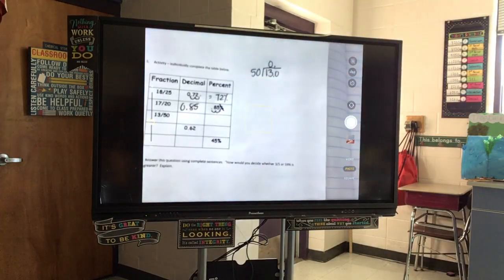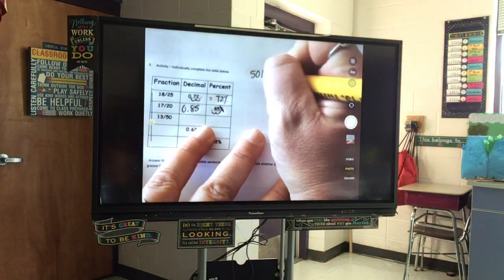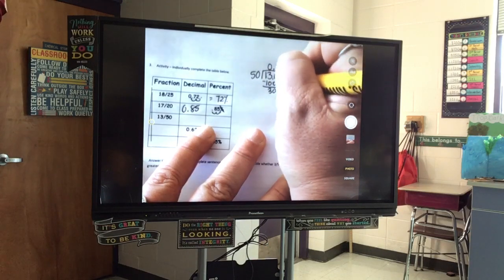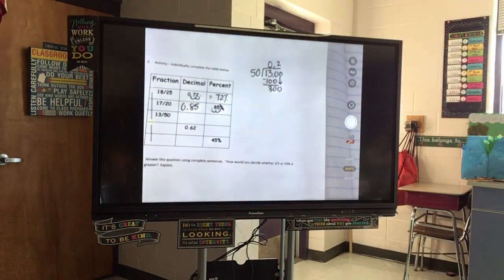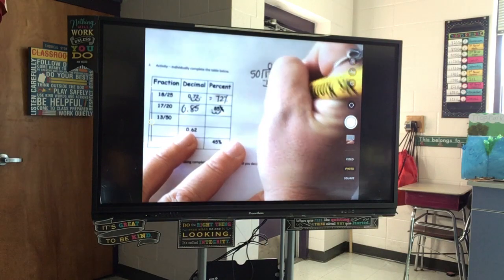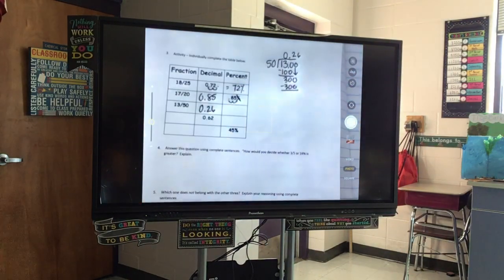What can I multiply 50 by to get 130? 2? What can I multiply 50 by to get 300? 6. All right, so now I know my decimal, which is 26 hundredths.